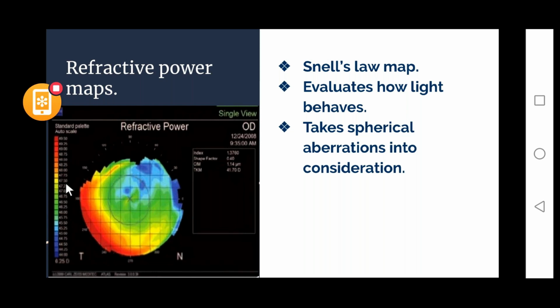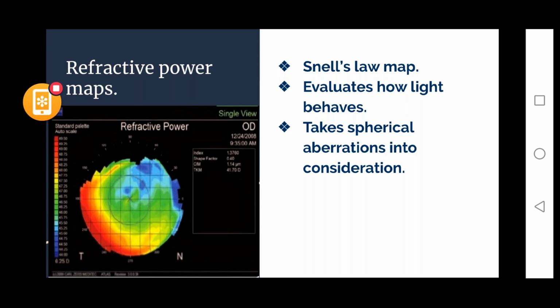So these color maps are similar to the axial and the tangential maps. There is no difference in the color grading or the nomenclature between refractive power and axial and tangential maps. Is this clear? Yes, okay.